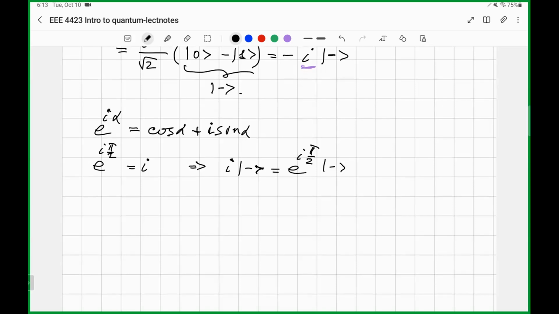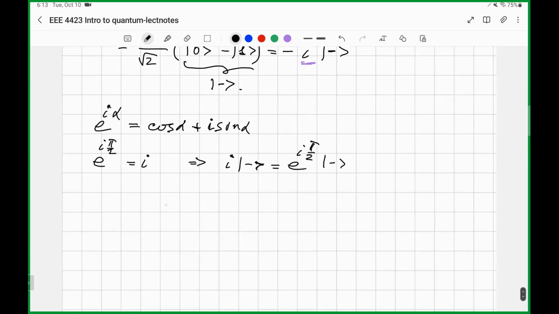Because when you calculate the expectation values, basically something that you can measure in an experiment, you need to take the minus and you need to take the product, the bracket product or bra-ket product, whatever.